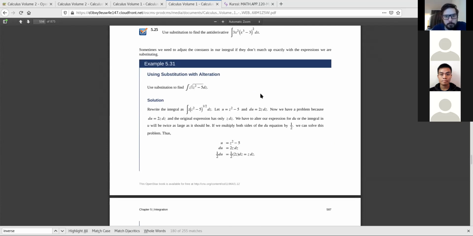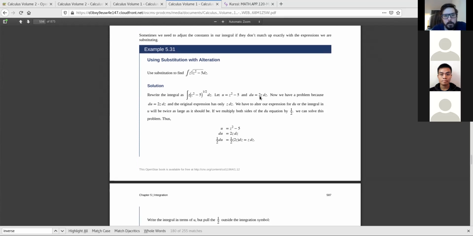Here's another situation. In this case, we don't quite have the derivative of z squared minus 5, right? We don't quite have it in there, but we have z. If we take the derivative of z squared minus 5, that's 2z.